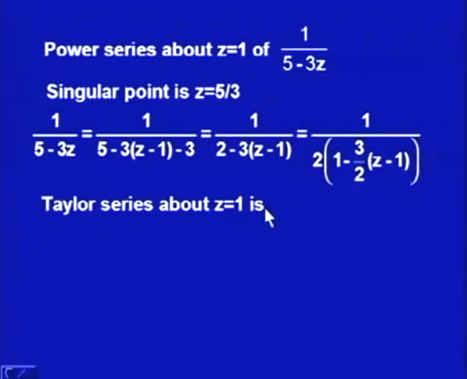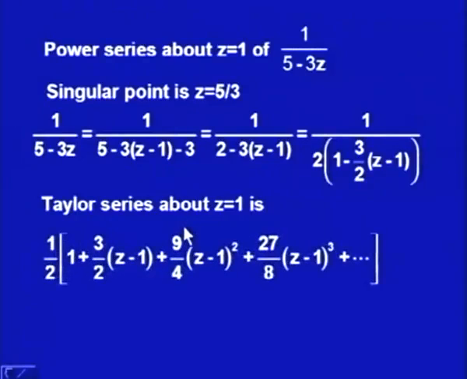So, the Taylor series about z equal to 1: you can expand this as a geometric progression, and this comes out to be 1 by 2 of (1 plus 3 by 2 into (z minus 1) plus 9 by 4 into (z minus 1) square plus (3 by 2) whole cube into (z minus 1) whole cube and so on). Now, this series will be convergent provided this term is less than 1.